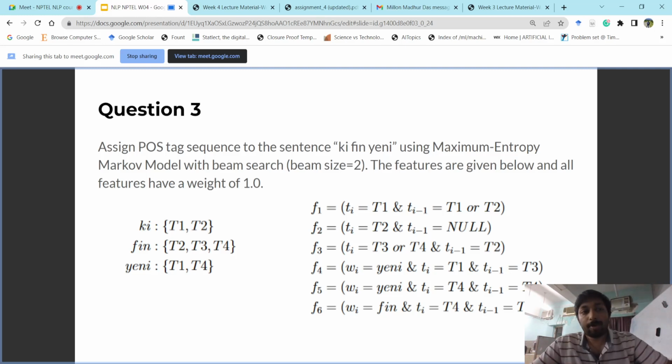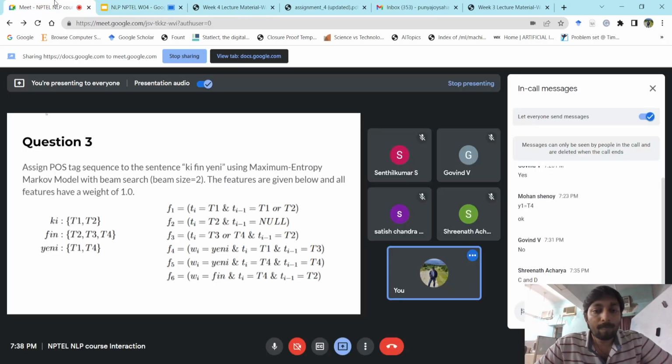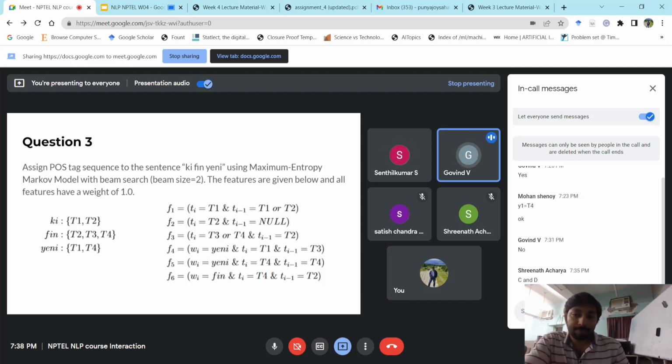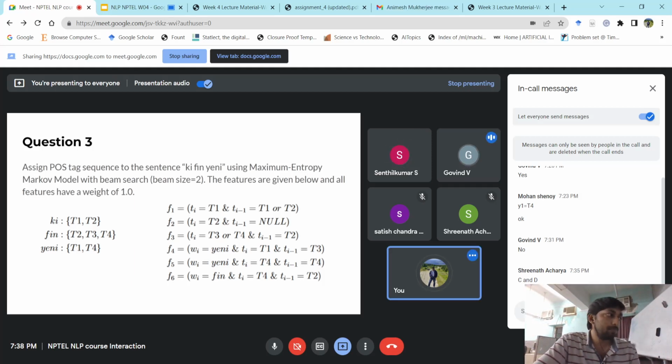So what is entropy? Average expectation of surprise. Yeah, exactly. The quantification of uncertainty or surprise is entropy.